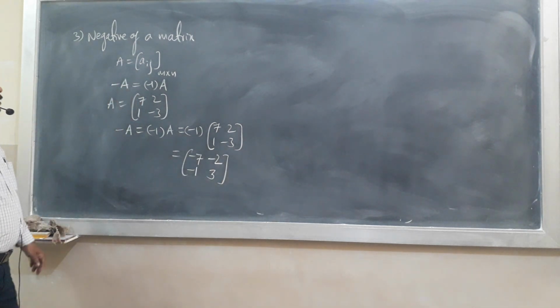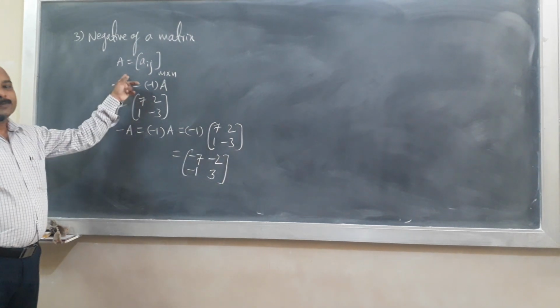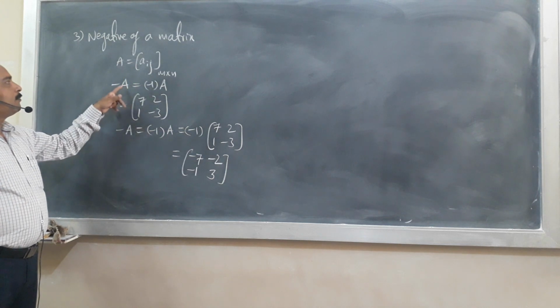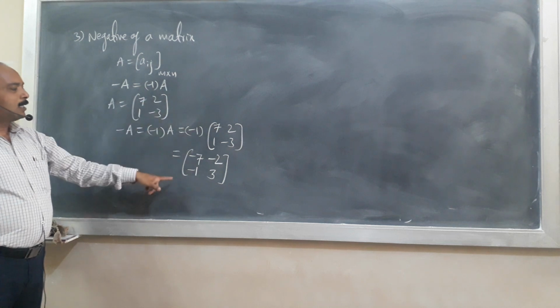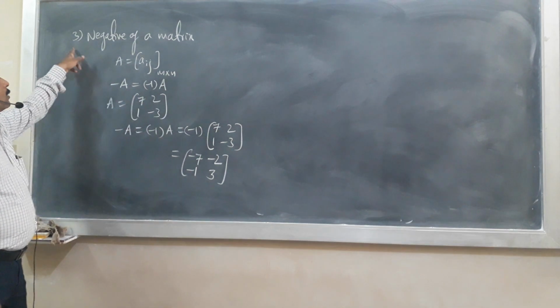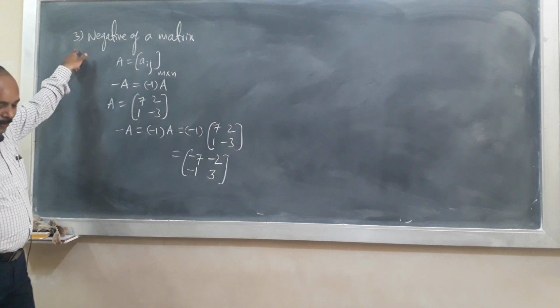Now it is called the negative of the given matrix A, and it is defined by minus A equals minus 1 into A. Just multiply minus 1 with the given matrix, and you get the negative of the given matrix.